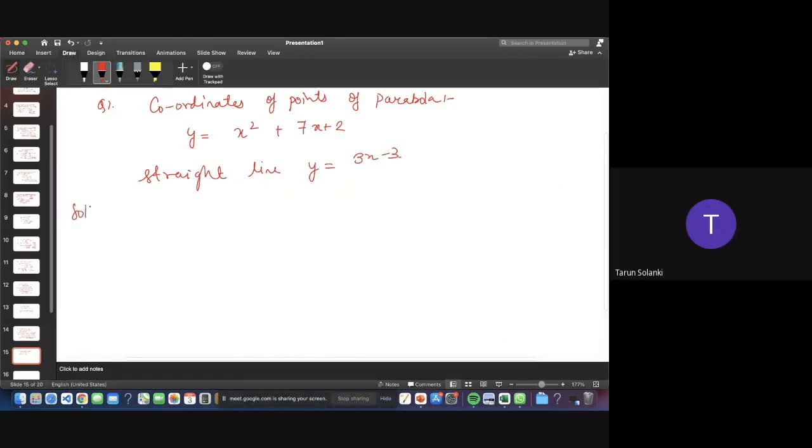Okay, so let the point be (x, y). So y is equal to x square plus 7x plus 2. So its distance from the line y equals 3x minus 3, or 3x minus y minus 3 equals 0, right?